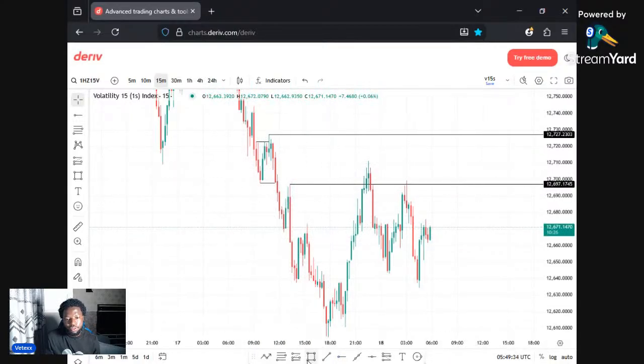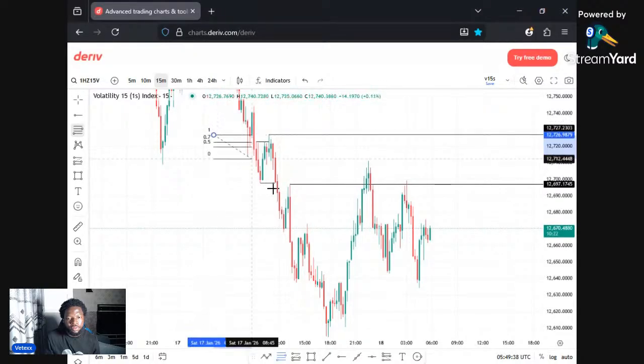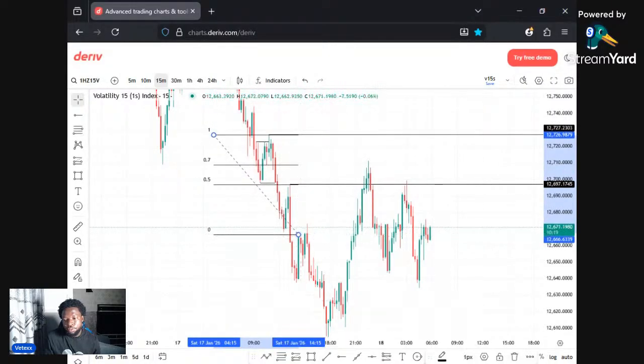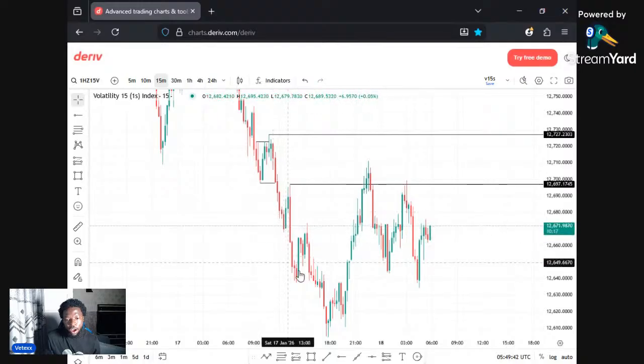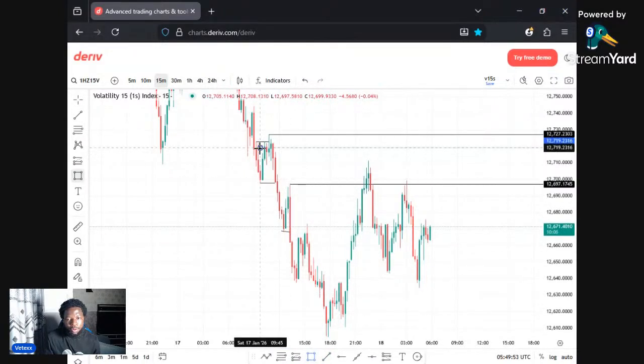So let's use the Fibonacci to check if it's up to 50%. Of course it is. Then we have our second break of structure, which makes the setup an A++ setup. And this zone now becomes our point of interest.